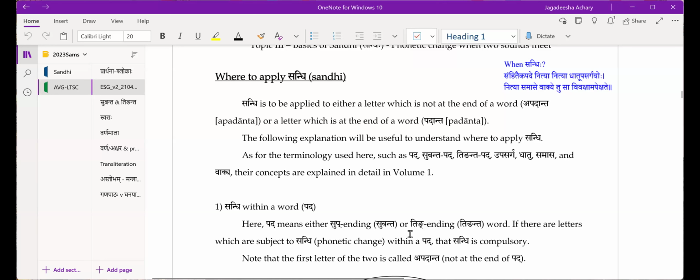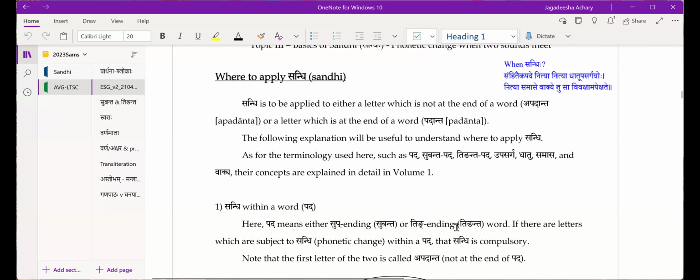Same way for the verbs. The subantas are the noun words, tiṅantas are the verb words. What is the very basis of a verb word? Anybody? Like gachami, yes, gachami is a verb word. What is the basic block? Gam. Dhatu. Gam is the dhatu.